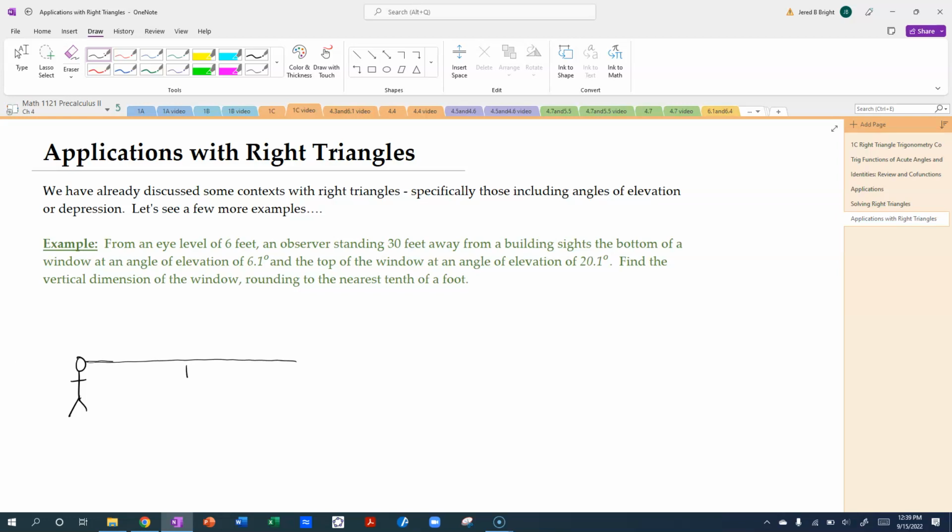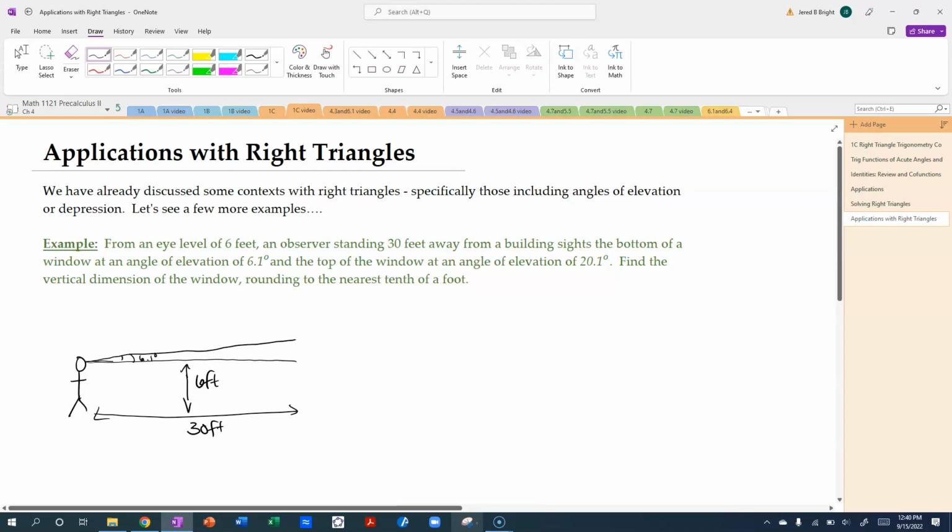So this distance here is 6 feet, okay? But the total horizontal distance that we're talking about is 30 feet. If their eyesight were to go up just 6.1 degrees, they'd see the bottom of the window.